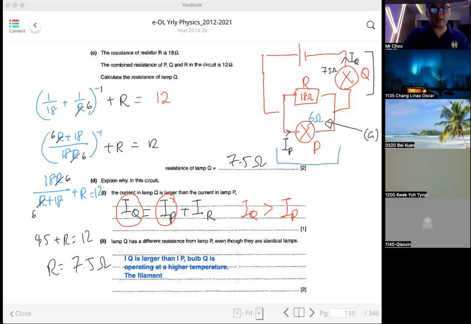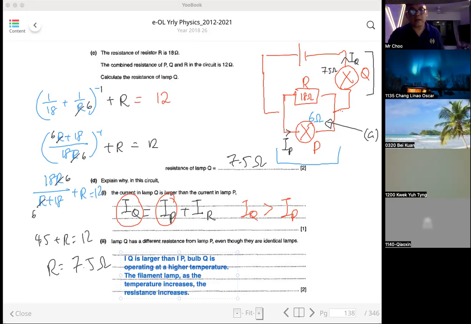For a filament lamp, as the temperature increases, the resistance increases. That's all. Is that clear? So even though the lamps are identical, when there's more current, temperature goes up. When temperature goes up, the resistance will go up. All right. If you're clear about this last part, give me a thumbs up.